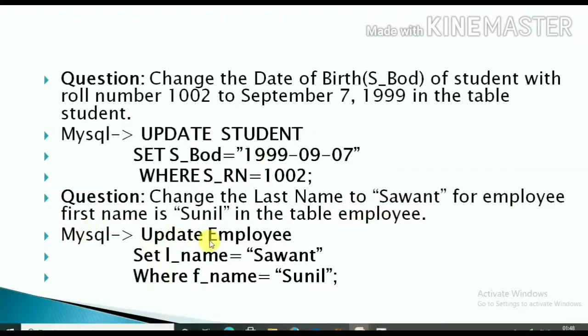The command will be update, name of the table is employee, set, the name of the column to modify is l underscore name, that is last name, is equal to Sawant. Now to make the last name Sawant for the employee whose first name is Sunil, the condition is f underscore name, that is first name, is equal to Sunil, semicolon, enter.